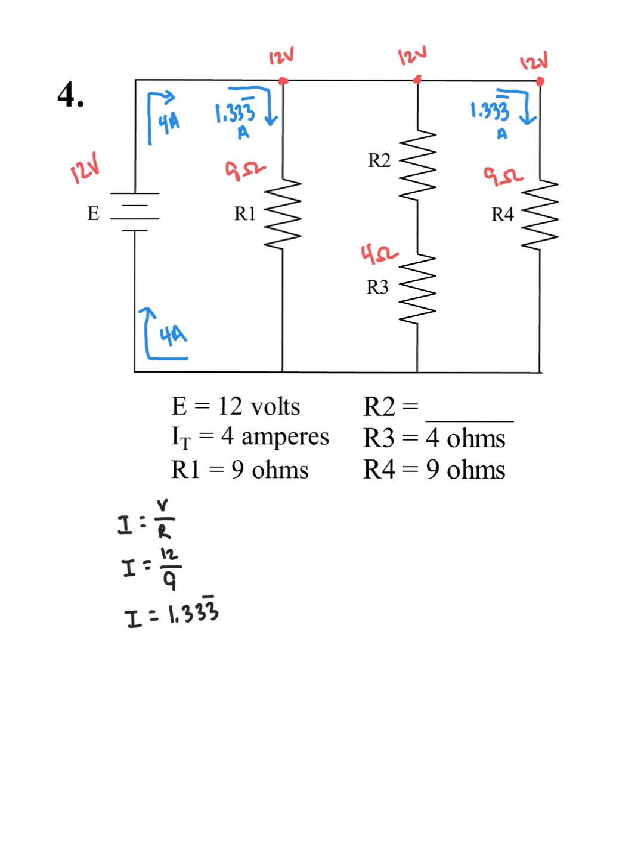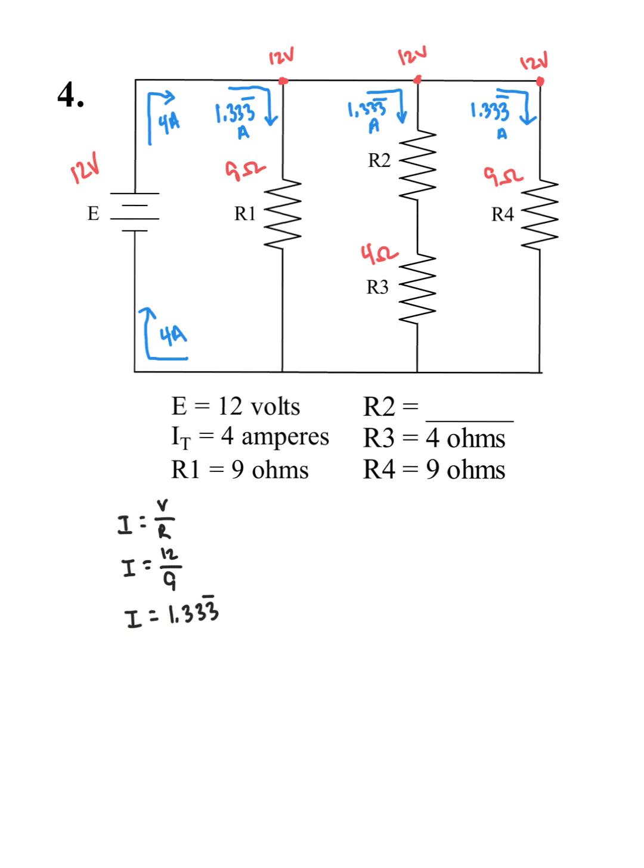So I subtract 2.66 from 4, and look, what do you know? The current flowing through this branch is 1.333, again repeating, amps. If you add those three together, you'll come up with 4 amps, so that makes sense.